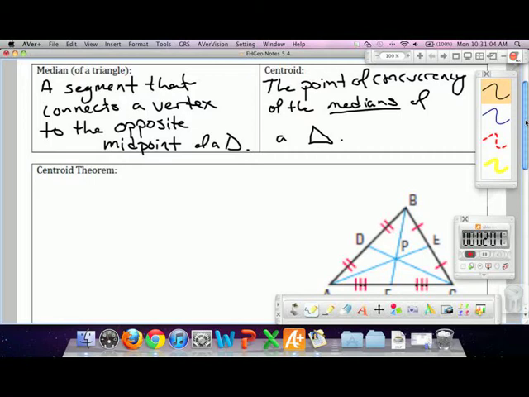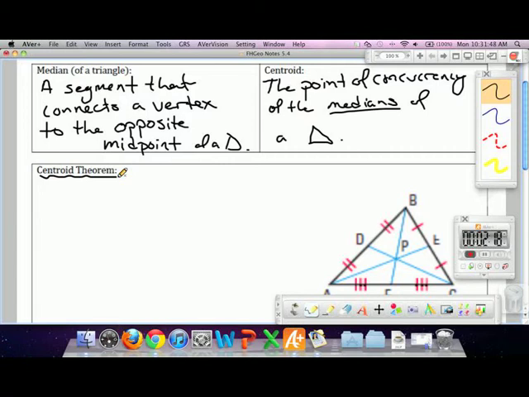The centroid theorem describes kind of where the centroid is located in a triangle. The centroid of a triangle is located at the following location.